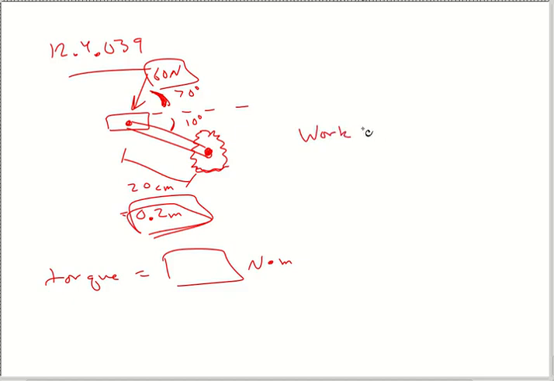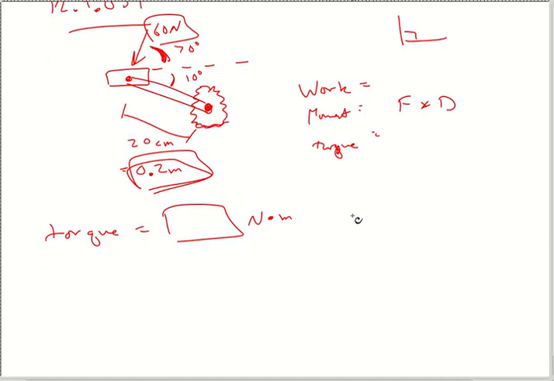So work or your moment or your torque is always basically force times distance. Now, there's a little bit of difference here because my force is not straight on. It's not perpendicular, which is assumed in this formula. And so what I'm wanting to do is use a sine. So let me show you what this looks like.